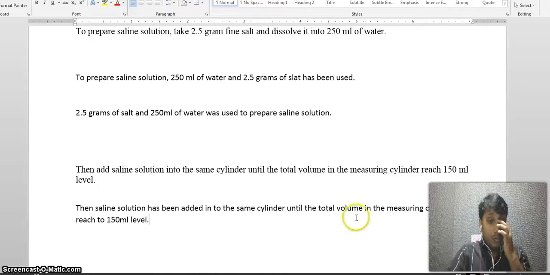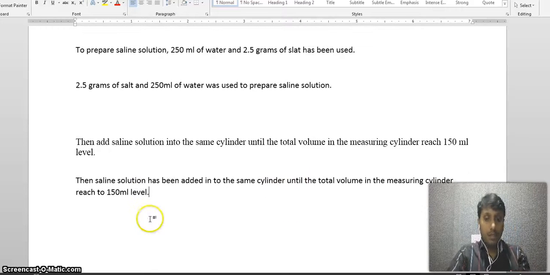So the main concept is that it has to be in the past tense. That is very important here.